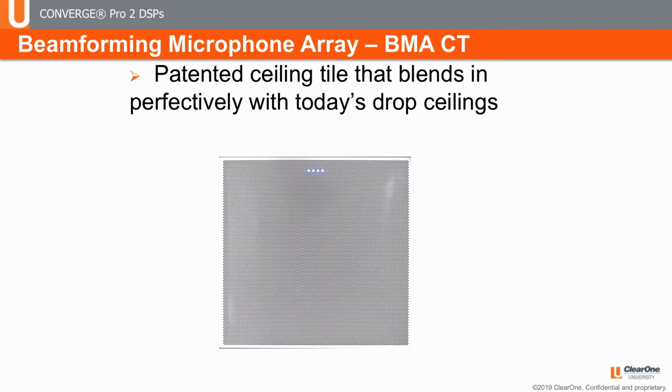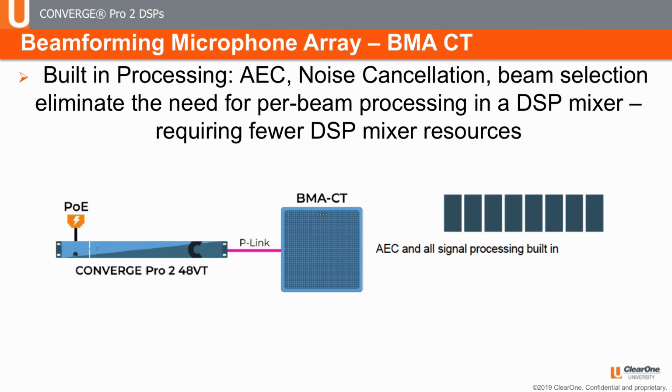Now we add our patented BMA-CT, beamforming microarray ceiling tile, to the P-Link family of peripherals, and we get tremendous capabilities. The BMAs have processing built into them as well. That means they don't use up the DSP horsepower in the mixer, and they only send back one audio channel to the mixer, and it doesn't require a separate mic line input channel.